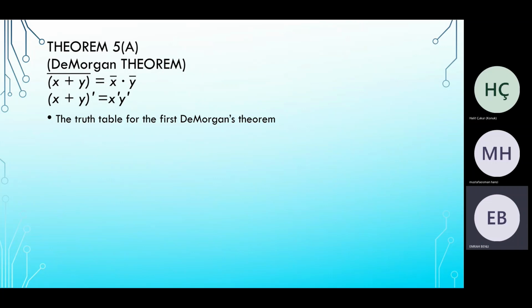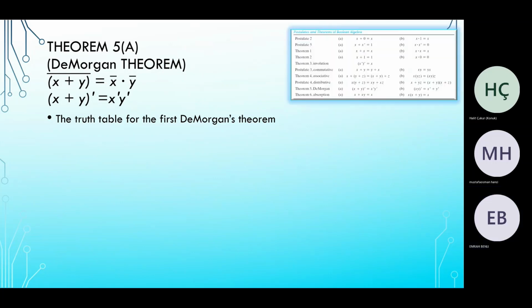So, De Morgan theorem. For the De Morgan theorem, what we have is: complement of (x or y) equals x complement, x bar, and y bar.